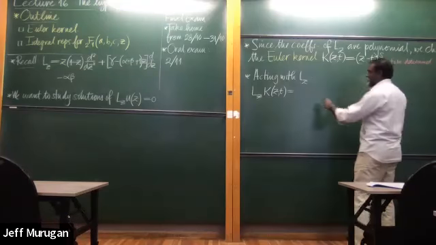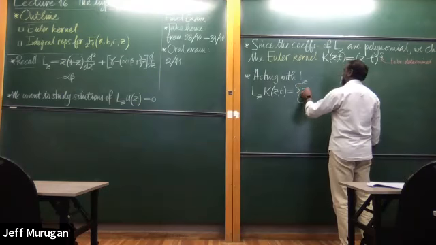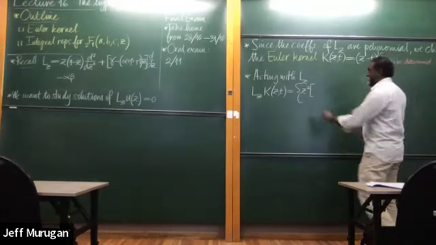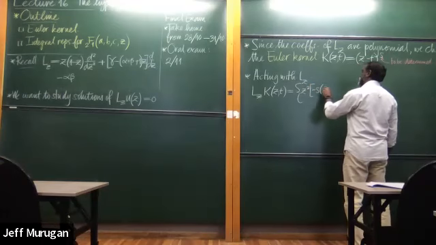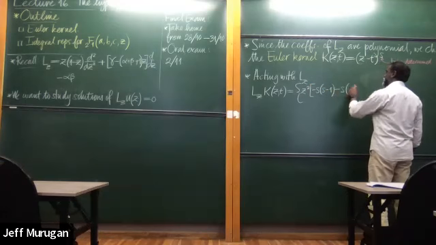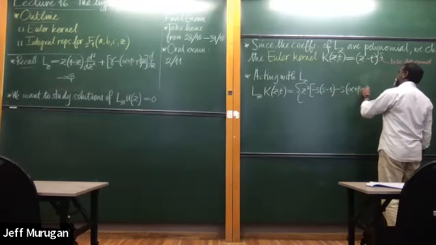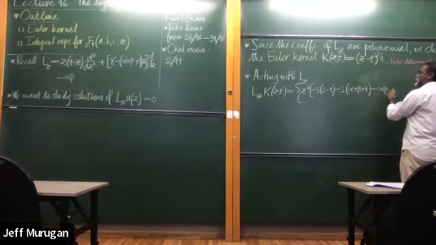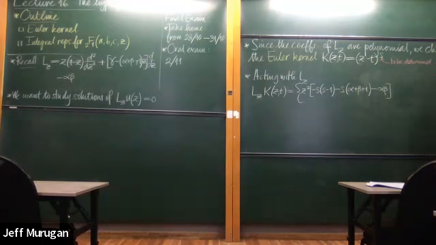When you do that, you get as coefficient of Z squared: minus S times S minus 1, minus S times alpha plus beta plus 1, minus alpha beta. So these are all coefficients of Z squared.